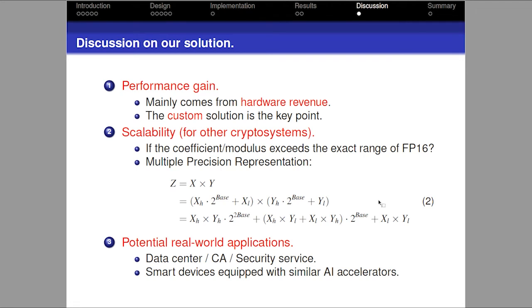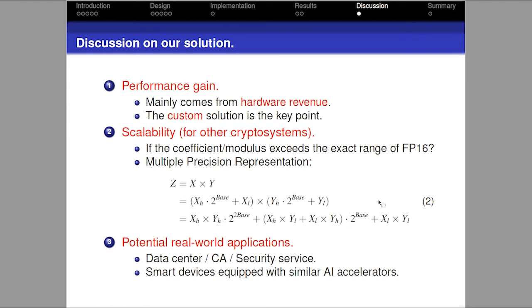Perhaps there is also a concern about its scalability, especially the limited representation range of high precision. We think that multiple precision representation can overcome the obstacle. Other techniques, such as cryptography algorithms, can also be used.